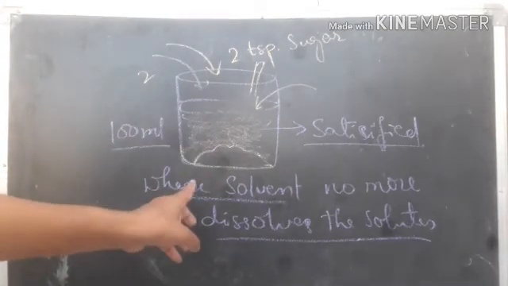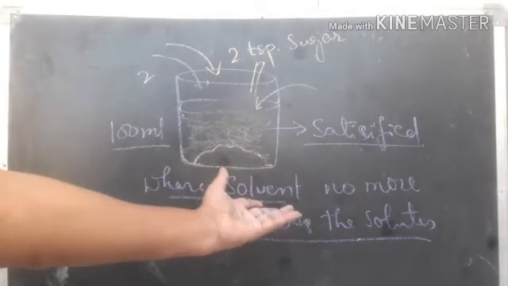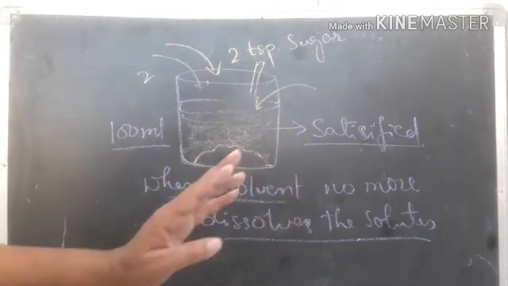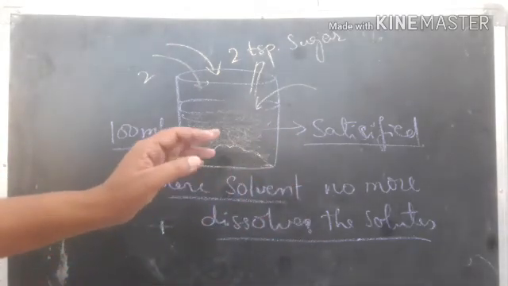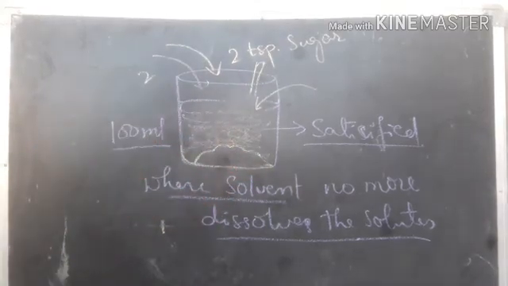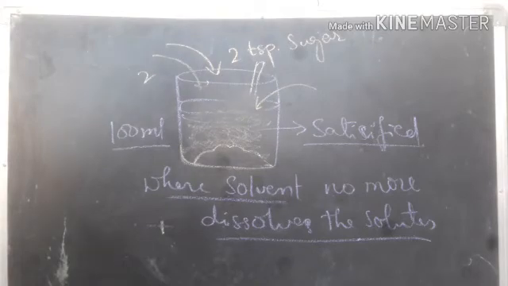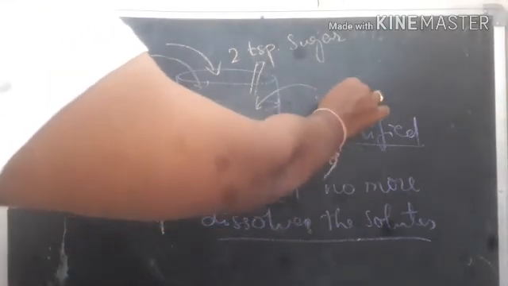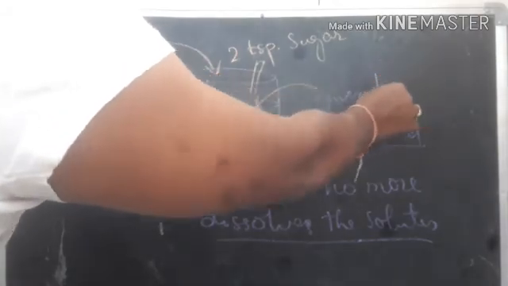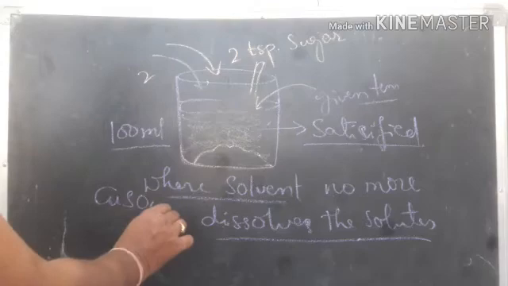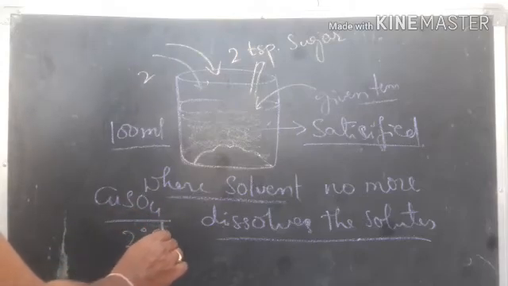Look here, where the solvent no more dissolves the solute particles. It doesn't have the capacity to dissolve extra particles more than this. That is what we call saturated solution, that too at a particular temperature. For example, you could add copper sulfate to the water at 20 degrees Celsius.